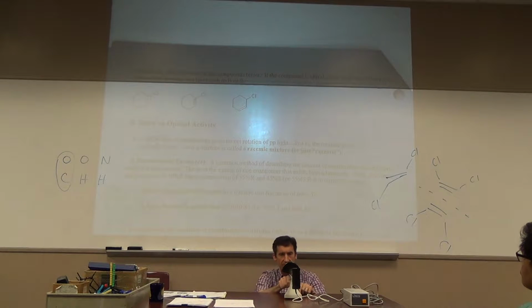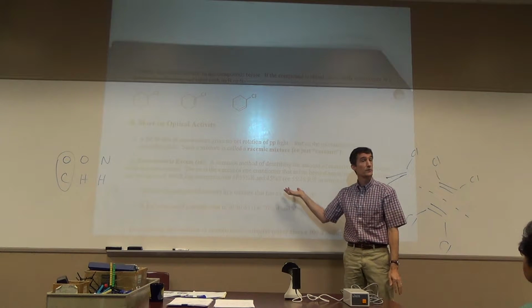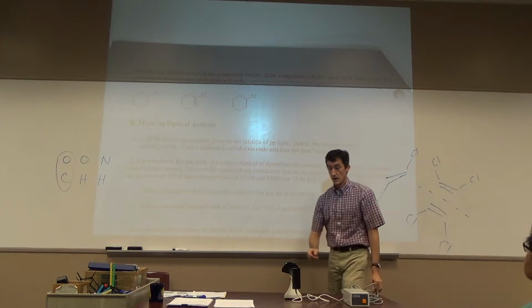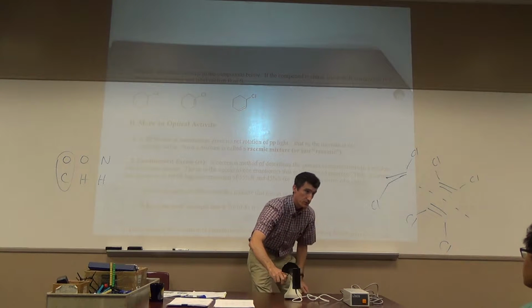Then you rotate the dial one way or the other until you get what's called the reading. If you rotate to the right, that means the light's been rotated to the right, according to my eye. And then you get a reading, for example, minus 32.9 or whatever that was for that big drug. Of course, minus would be to the left, correct? That would be if it rotated it this way.